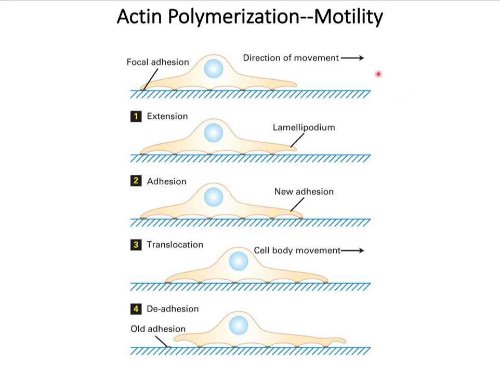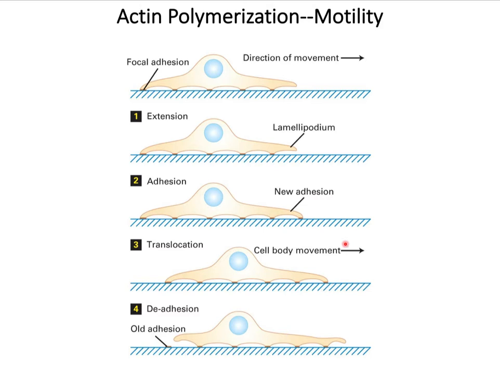So in the first step, you have what is known as the extension. The extension is characterized by stretching or outgrowth of the leading edge of the cell to form a structure known as the lamellipodium, which is the membrane structure that resembles a foot. So this foot is stepping out, and the second step is the adhesion, where the lamellipodium actually touches the surrounding extracellular matrix components.